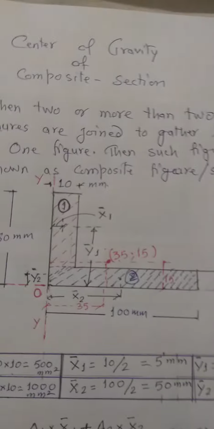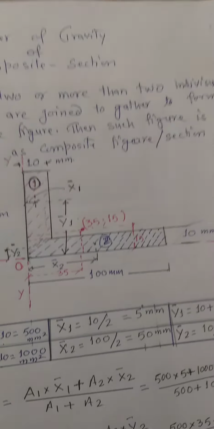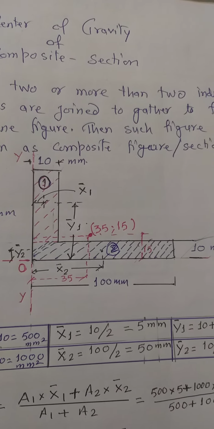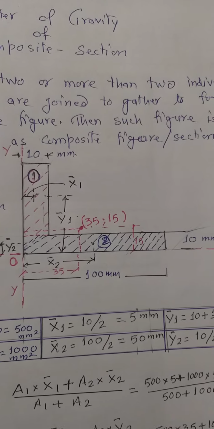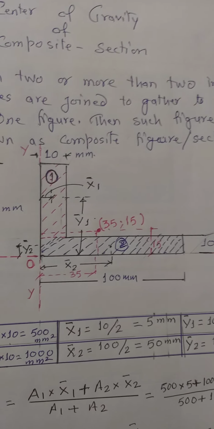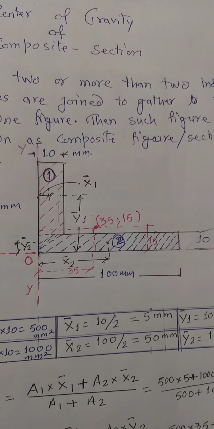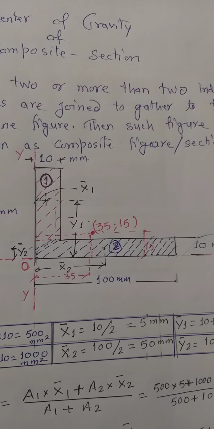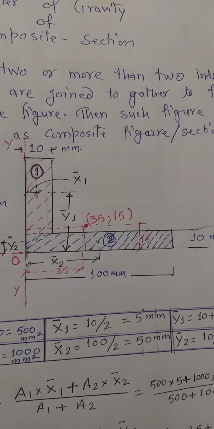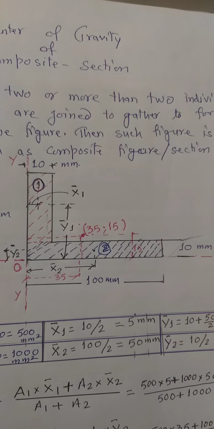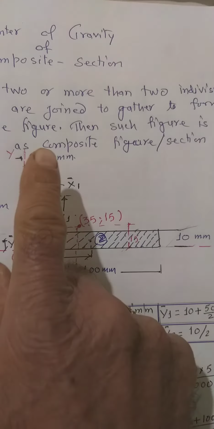Now what we have to do is divide the whole figure into a number of individual figures. We have to divide all this combined or composite figure into individual figures. Here, when we are talking about the unequal angle section, there are two rectangles.